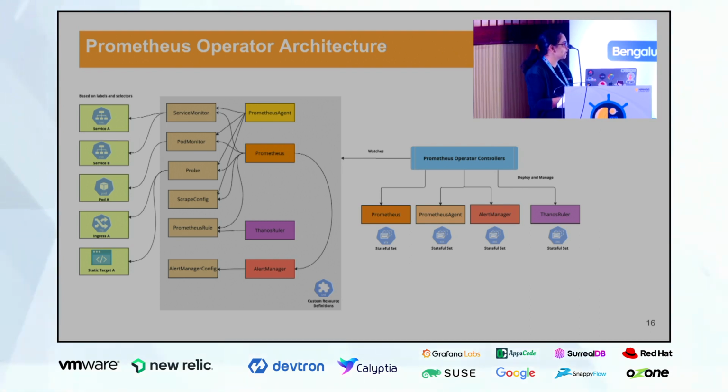PrometheusRule is the object where you can define the alerting rules, and AlertmanagerConfig is to define all your Alertmanager related configs. On the right side you have the Prometheus operator controllers, who will be watching these resources or any changes that happen to them, and will be deploying all the objects as a StatefulSet.